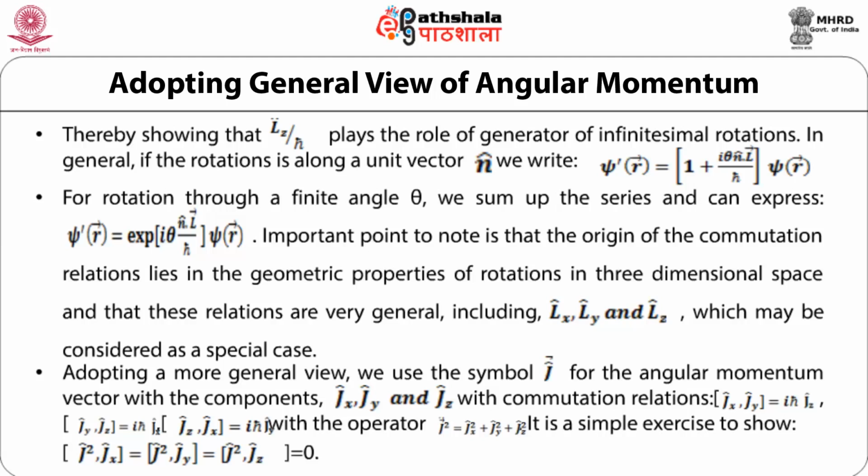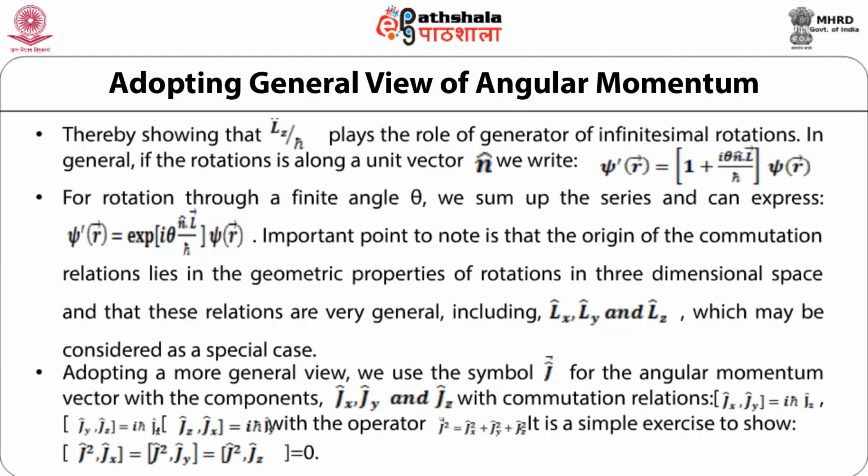Further, the square of the total angular momentum operator, J vector squared, is given by operator J_x squared plus operator J_y squared plus operator J_z squared, that is, the sum of the squares of the x, y and z components of the total angular momentum operators.